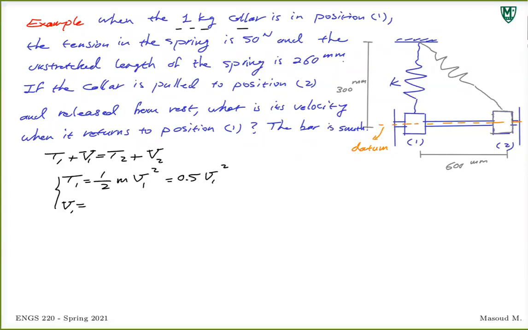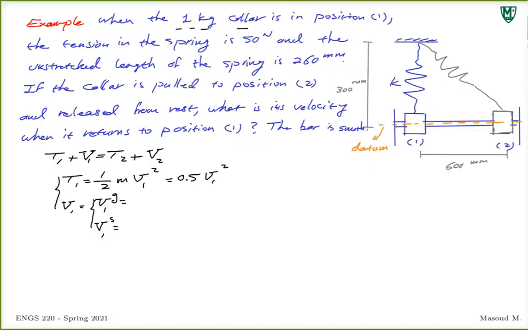Looking at this collar, what would be the potential? Let's write it this way: V1 due to gravity, and V1 due to spring.